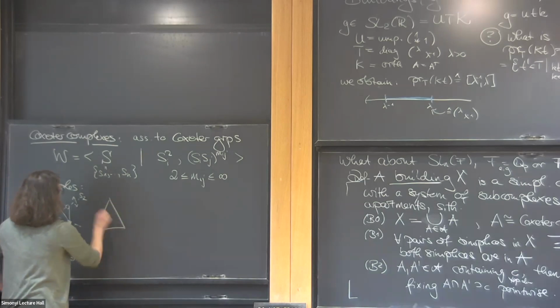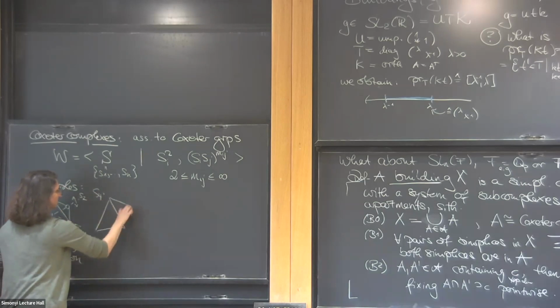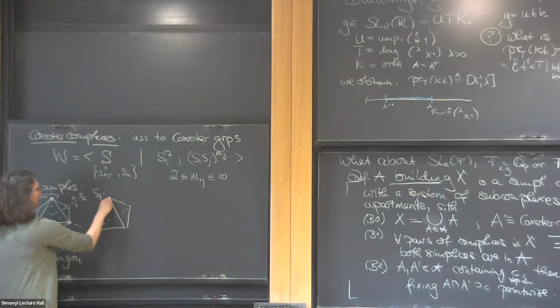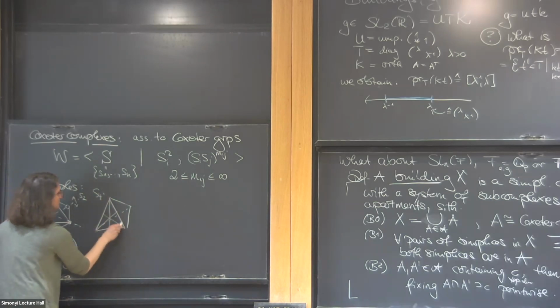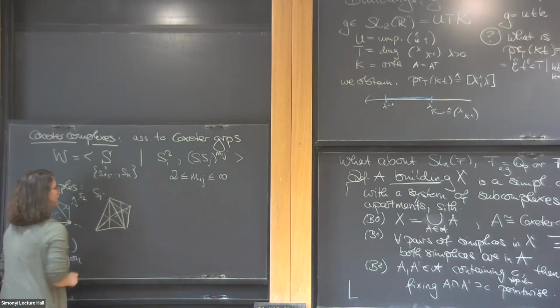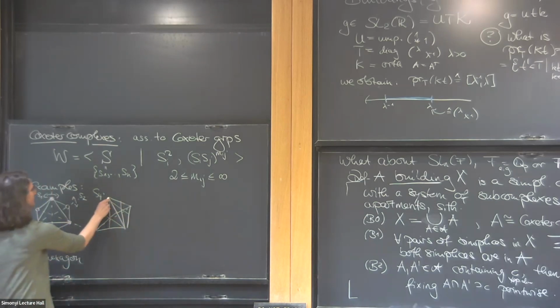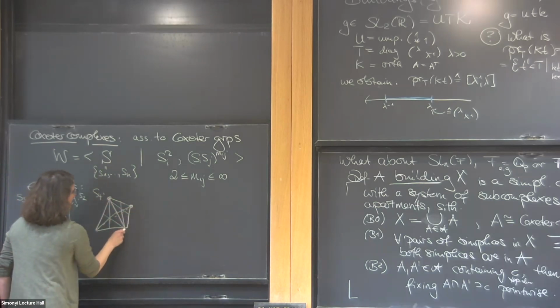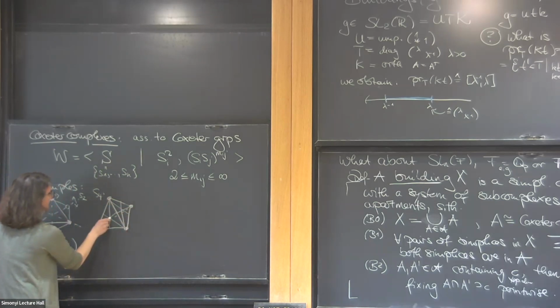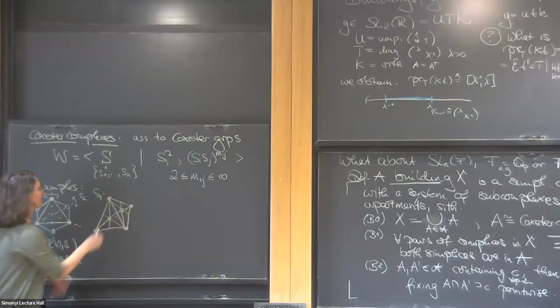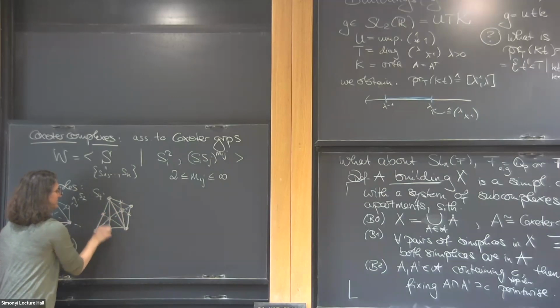Another example, one up, S4: you would have symmetries of a tetrahedron, permuting the 4 vertices of the tetrahedron. And again, the Coxeter complex is, as a simplicial complex, the barycentric subdivision of the tetrahedron. Now you get 3 colors of vertices: the original 4 ones you started with, the centers of the faces, but then there's also the centers of the edges here.